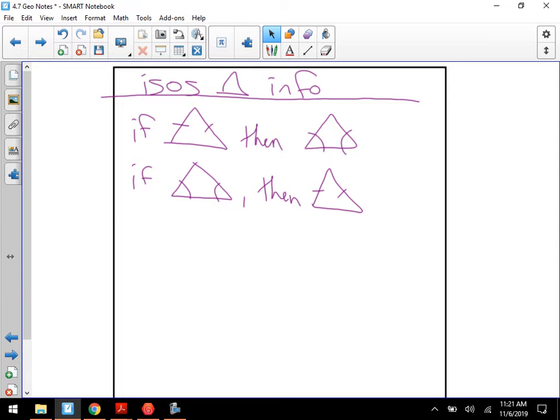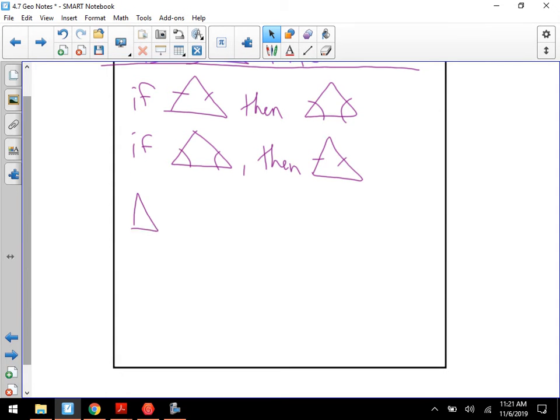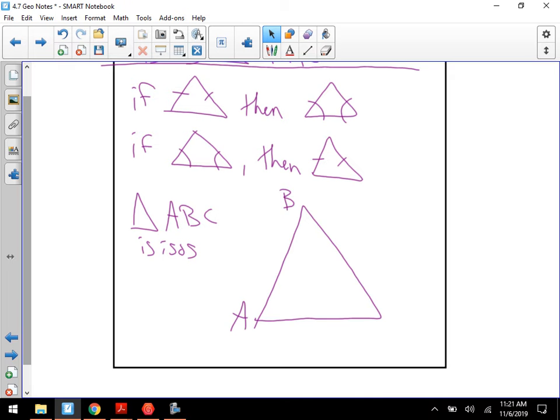Alright. And then the other thing that I usually put on here, if you have the space still, is the idea of, if I say triangle ABC is isosceles, and then I would label it A, B, C, where B is the vertex angle.